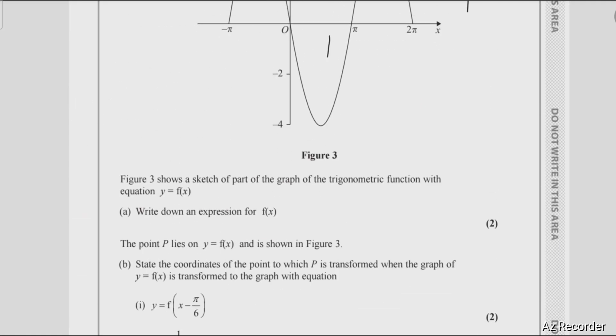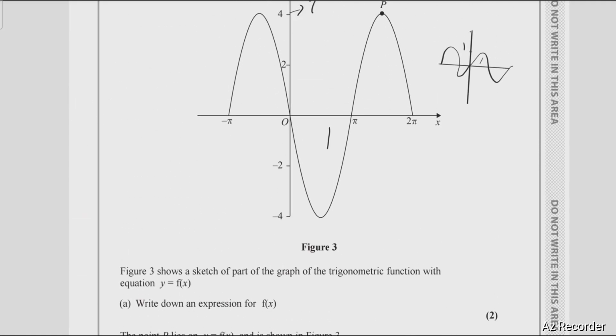And to check if your value is correct or not, use a calculator. Put here pi over 2, negative 4 times sine pi over 2. It gives you, oh never mind. Wait, my calculator is not in radians mode.